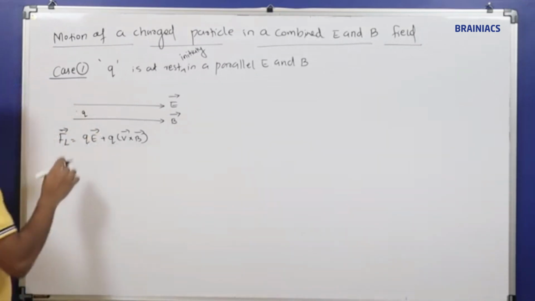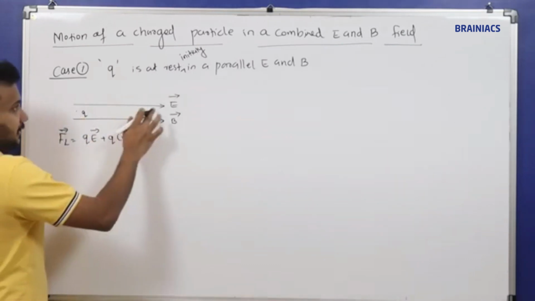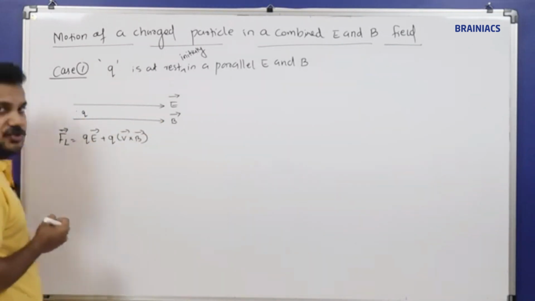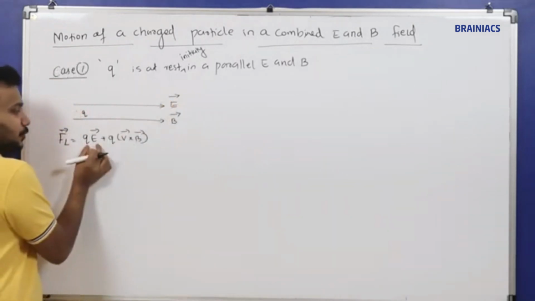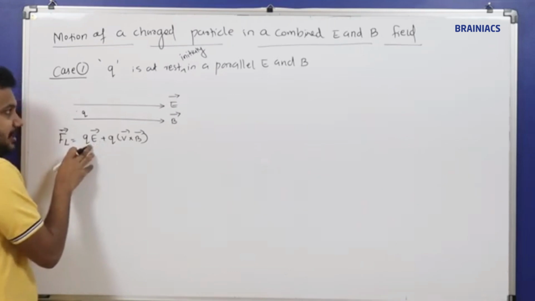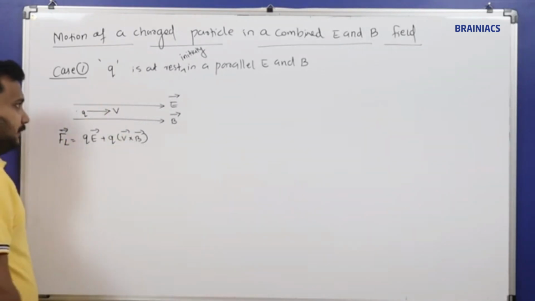When a charge is placed here, the electric field will start to pull the charge in the direction of the electric field intensity. So electrical force will be there, and because of the electrical force, the charge moves with a certain velocity called v.